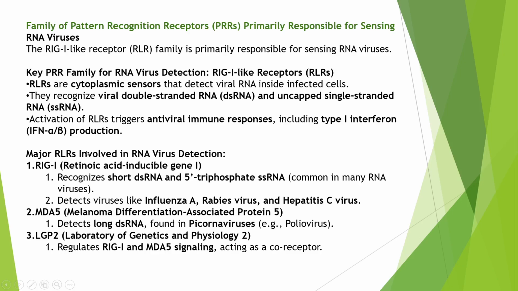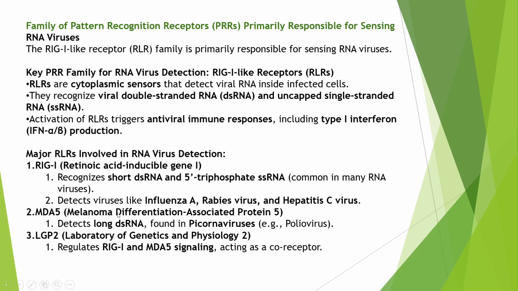So the major RLRs involved in RNA virus detection are RIG1, MDA5, and LGP2. RIG1, retinoic acid inducible gene, recognizes short double-stranded RNA and 5' triphosphate single-stranded RNA, commonly present in many RNA viruses. It also detects influenza A, rabies virus, hepatitis C virus.